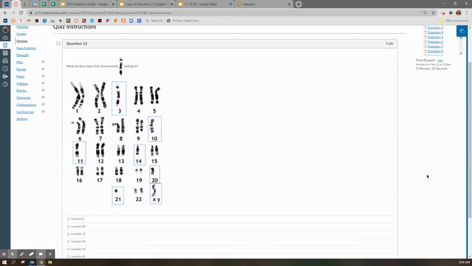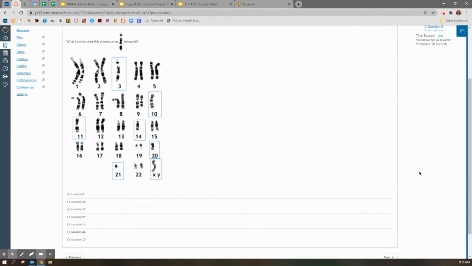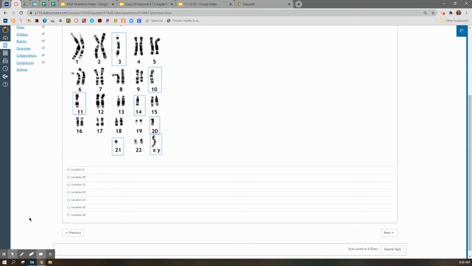Question 12. Which location does this chromosome belong in? Is it location 3, location 20, location 11, location XY, location 14, location 21, or location 10?